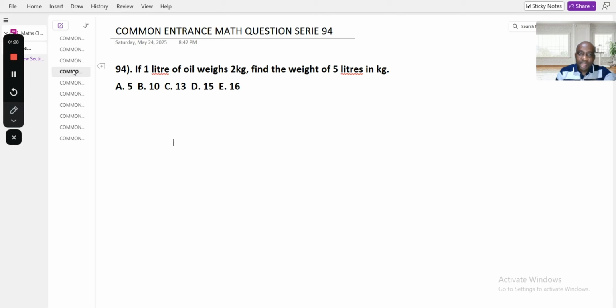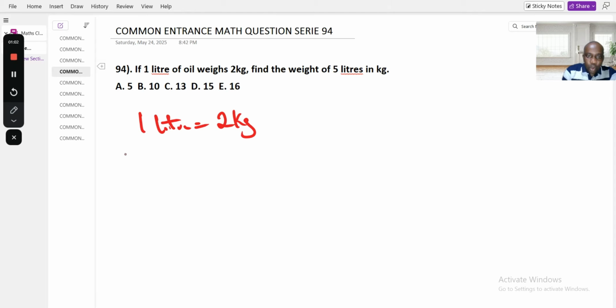If 1 liter of oil weighs 2 kilograms, find the weight of 5 liters in kg. Now 1 liter of oil weighs 2 kg already. Therefore, to know the weight of 5 liters, 1 liter weighs 2 kg.